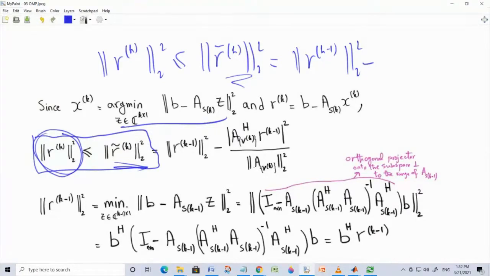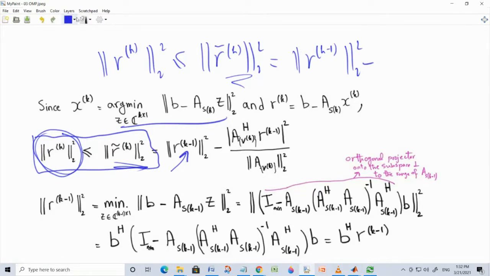Okay, so now we have an upper bound. A nice trick: imagine that you are doing something worse than what you actually do, and use this to upper bound the residual at step k, with an upper bound that involves the residual at k minus 1.